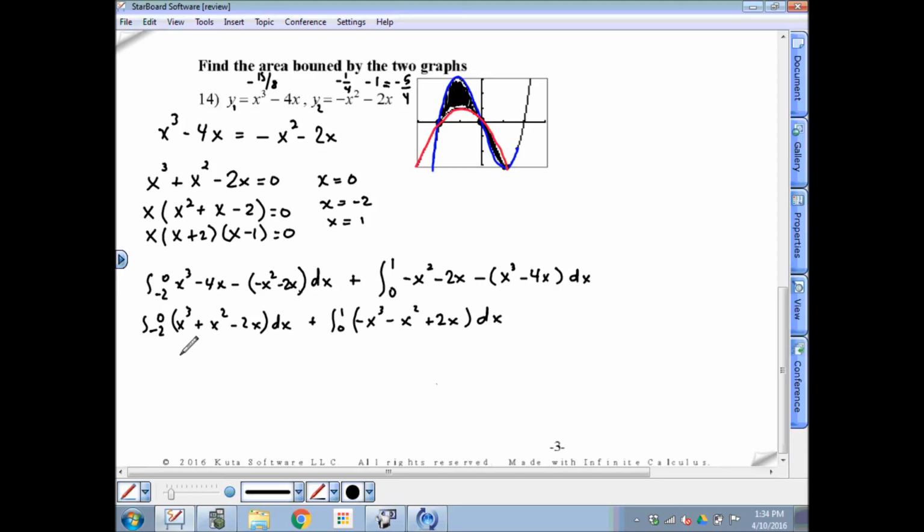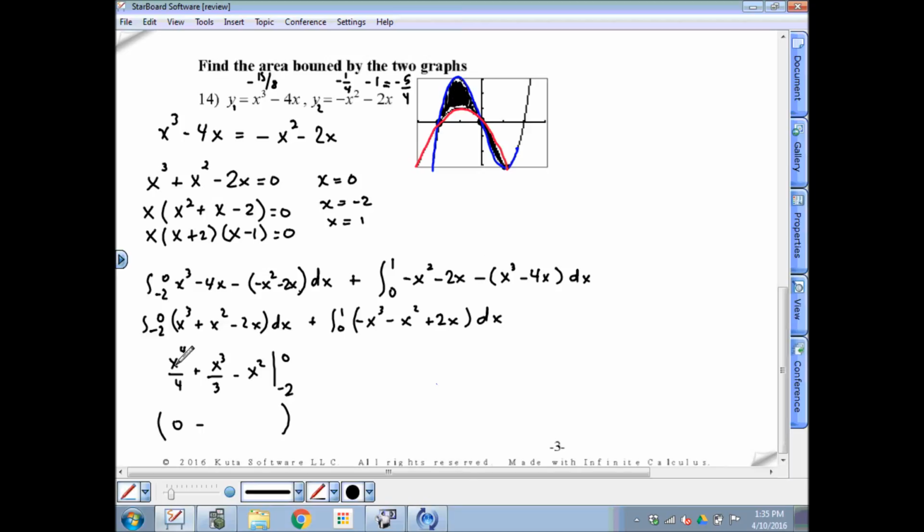So this one here has an antiderivative of x to the 4th over 4 plus x to the third over 3 minus x squared, and we evaluate that between negative 2 and 0. That gives us 0 minus, remember we do the upper bound into the antiderivative first. If all of the x's are 0, we get 0. Now plug in the lower bound.